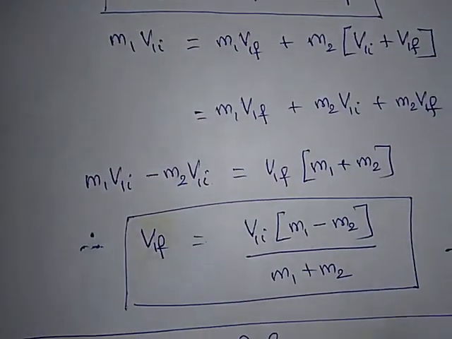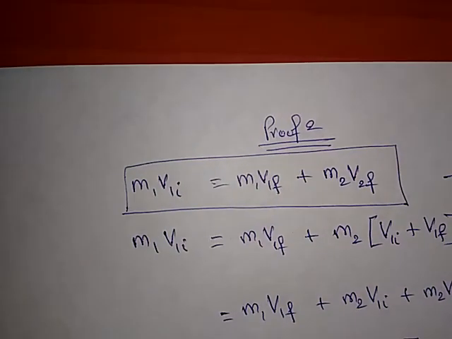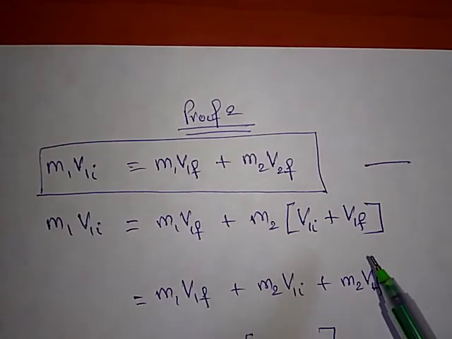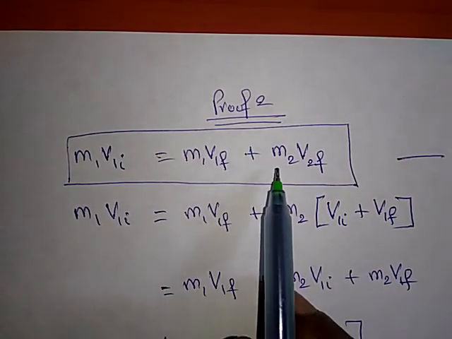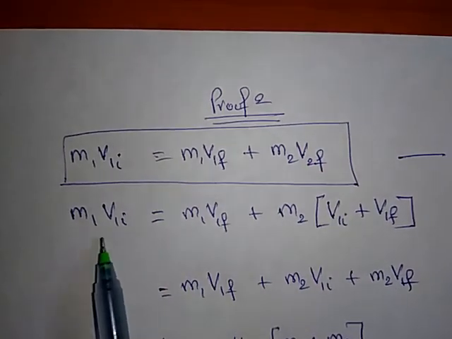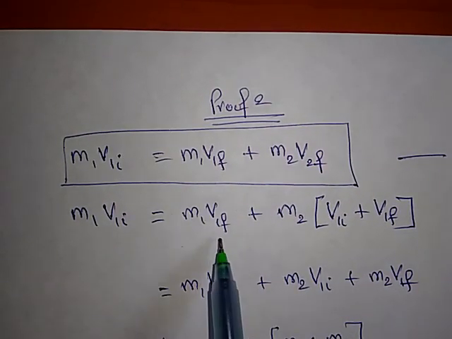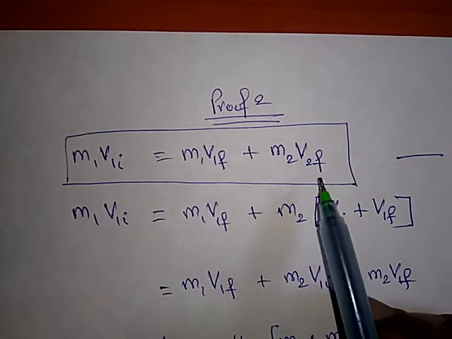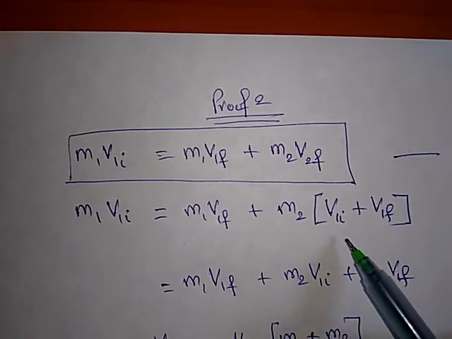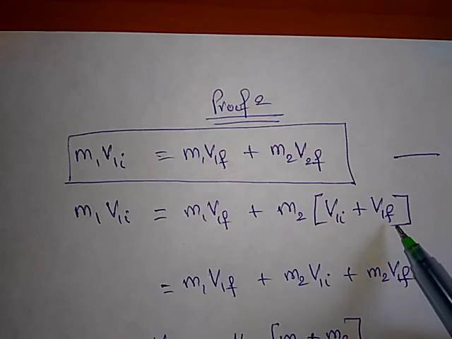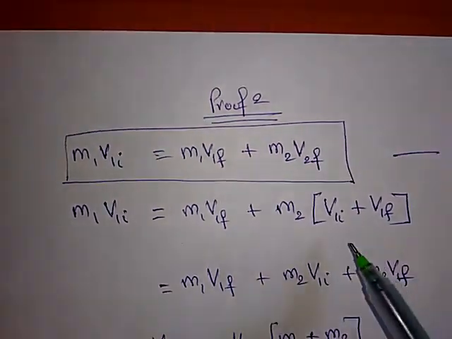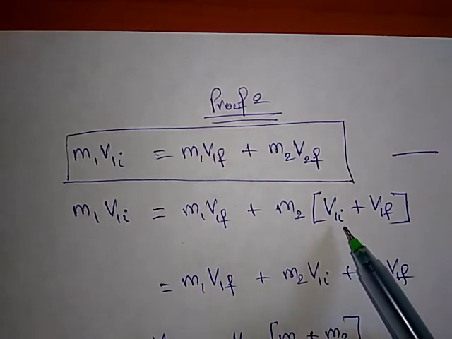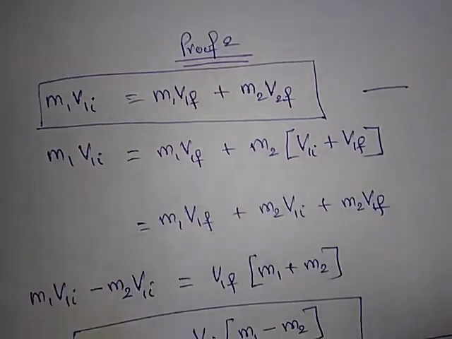Next, we will see this proof. We have from equation 6.24, M1 V1I is equal to M1 V1F plus M2 V2F. V2F we know is V1I plus V1F, already we got this relation. You substitute in this place, so this becomes M2 V1I plus M2 V1F.